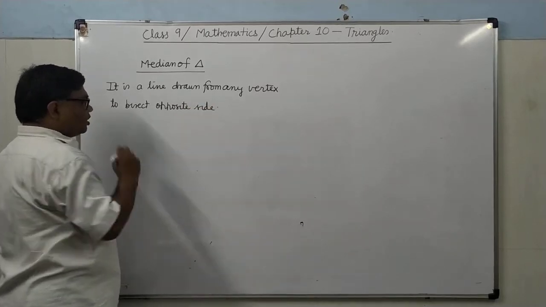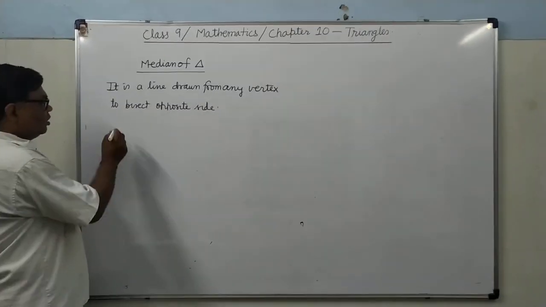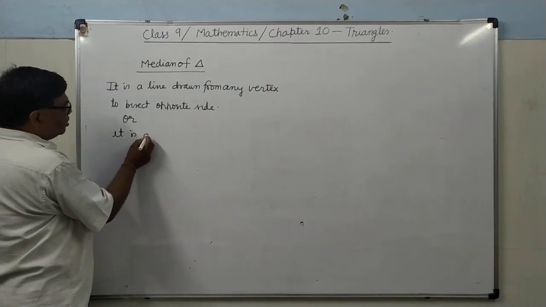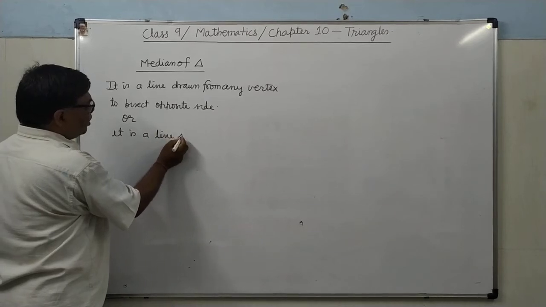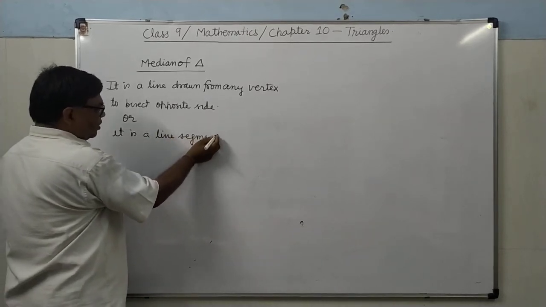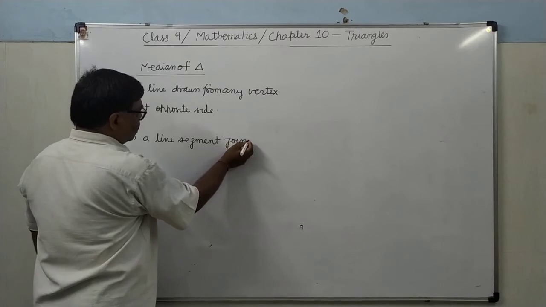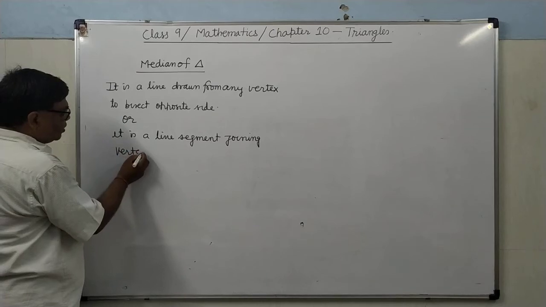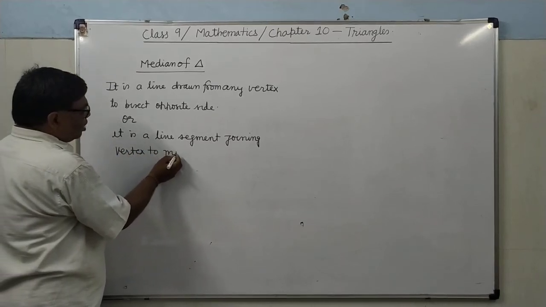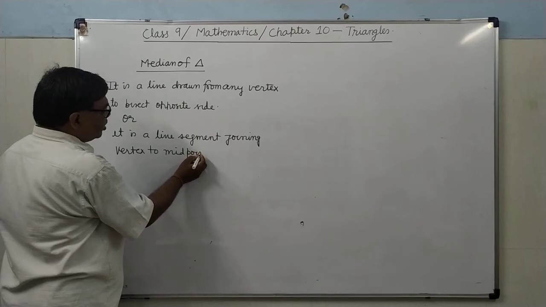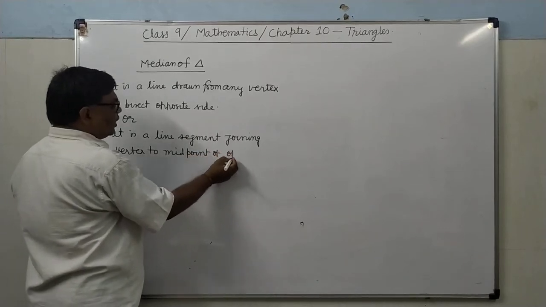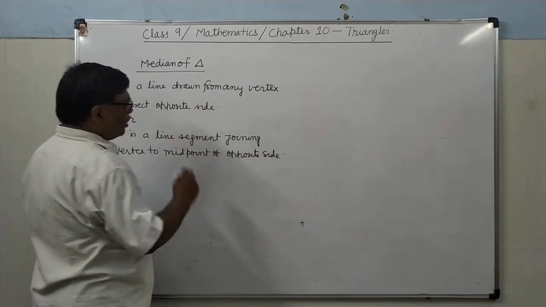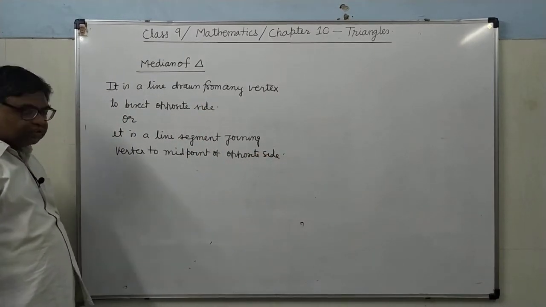Or in other words, it is a line segment joining the vertex to the midpoint of the opposite side. It's clear. It is a line segment joining the vertex to the midpoint of the opposite side.